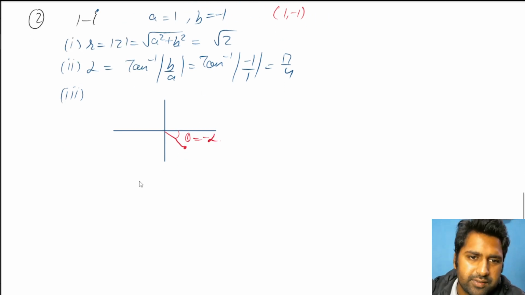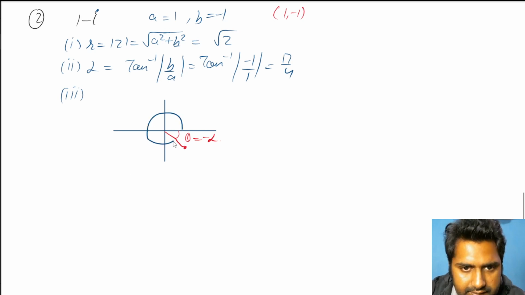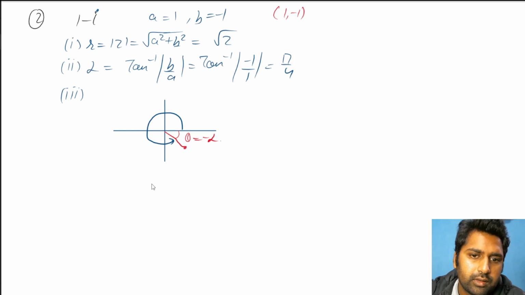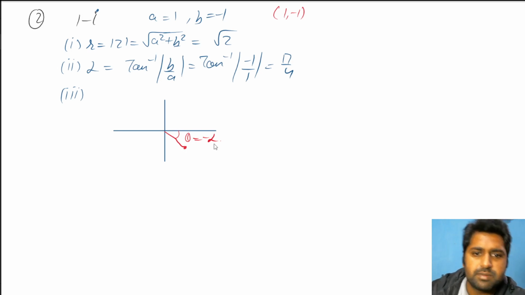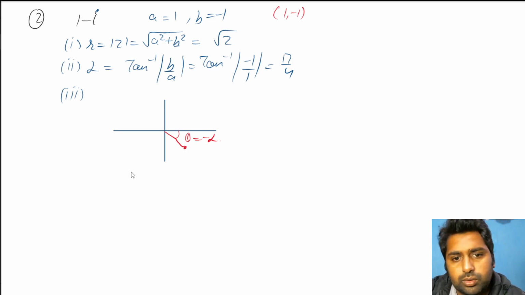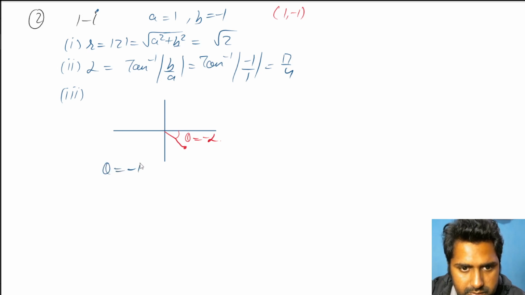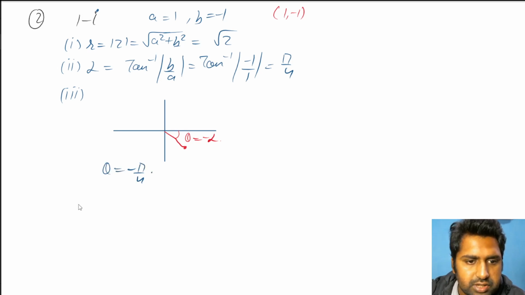Now you see, basically we are restricting. If I calculate this theta from the positive x-axis, it will be more than pi. And the principal value of theta, the standard, is considered to be in minus pi to pi. So theta is minus alpha, so I can rewrite: theta is minus pi by 4. Now just write down the polar form.